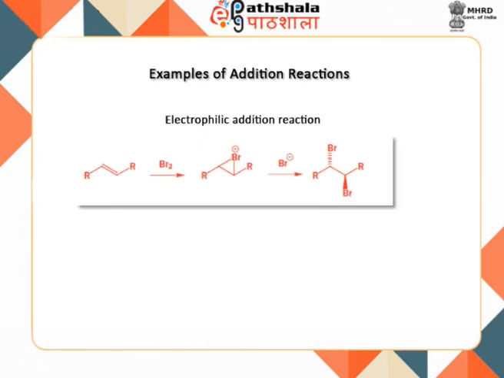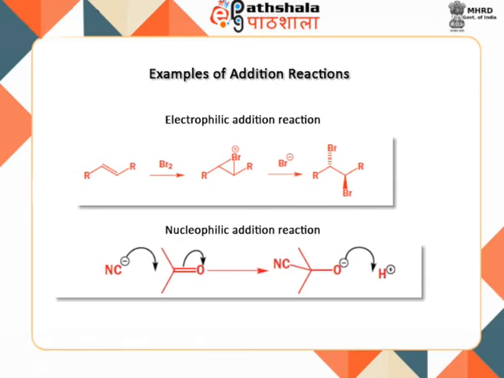Recall that reaction of bromine with alkene is an electrophilic addition reaction involving the attack of electrophile and forming the cyclic bromonium ion intermediate. Reaction of aldehyde or ketone with hydrogen cyanide to form cyanohydrin is a nucleophilic addition reaction where cyanide ion is the attacking species.